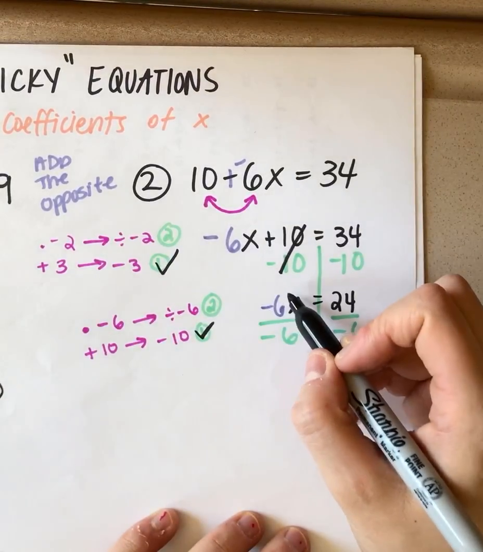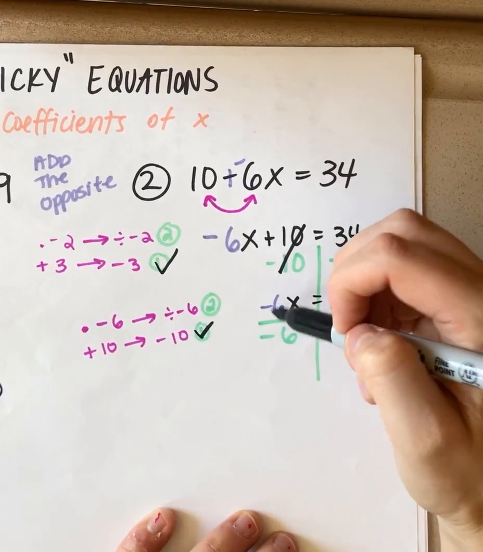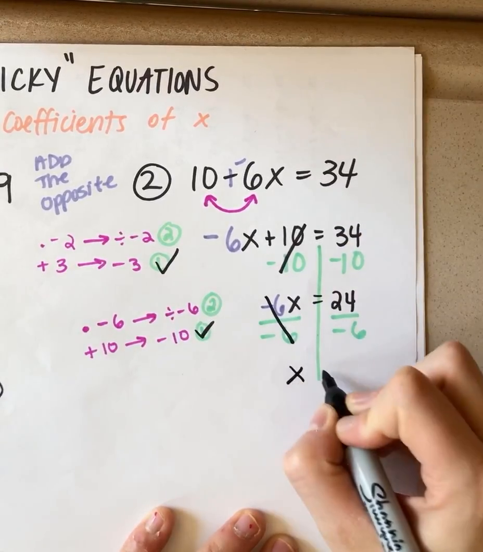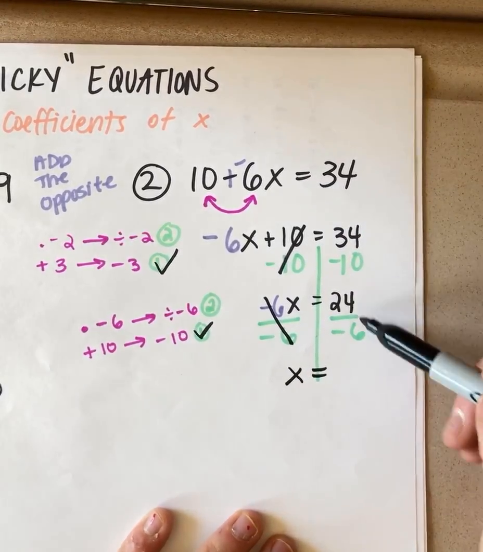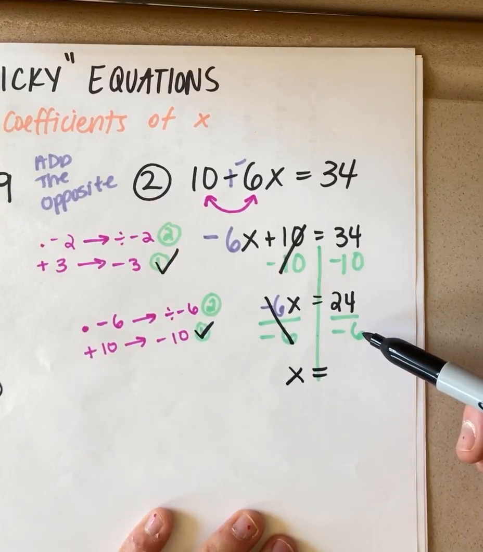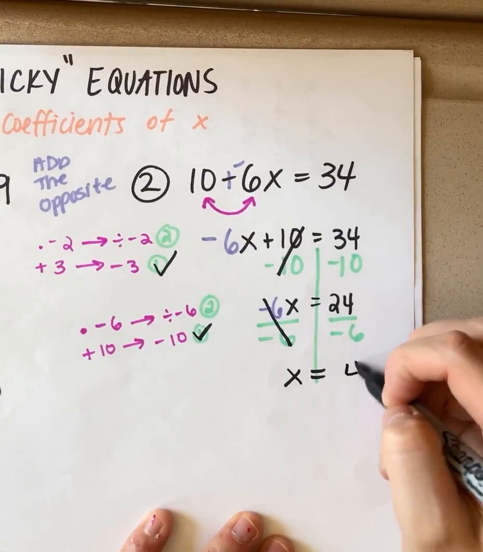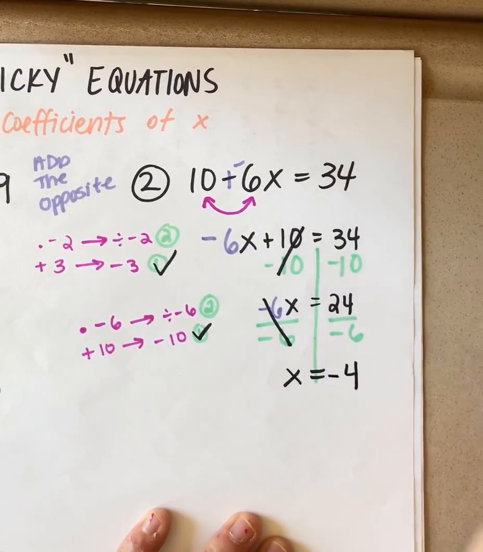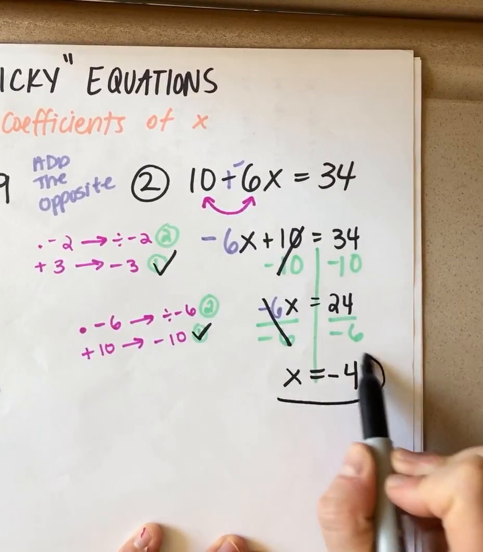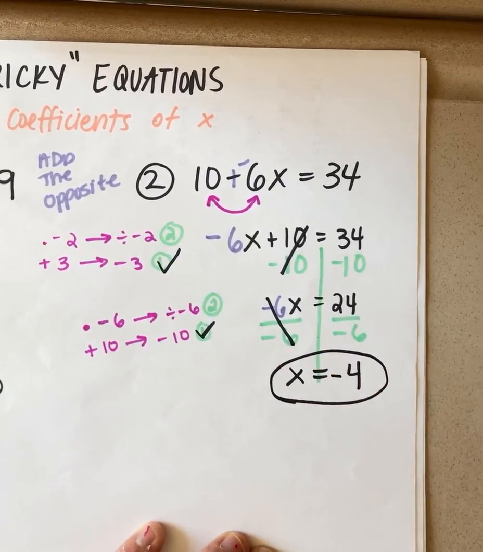Negative 6 times x, and then divided by negative 6 is going to cancel out, leaving me with just x. And 24 divided by negative 6, well, 24 divided by 6 is 4, but different signs make it negative. And so that is what I think my answer is, negative 4.